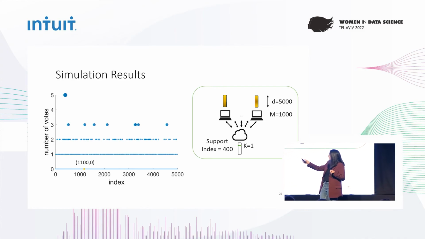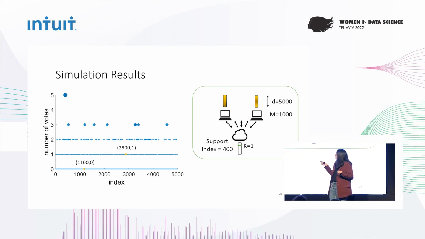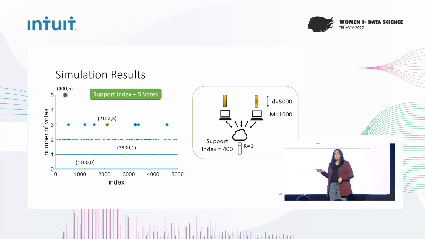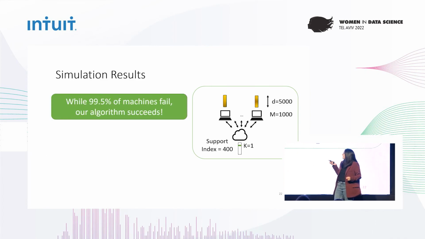For example, index 1100 got 0 votes, index 2900 got 1 vote, index 21,022 got 3 votes, and our support index 400 got 5 votes. On the one hand, it got more votes than everyone else, because every other index got at most 3 votes. But on the other hand, out of 1,000 machines, only 5 machines selected the correct index. So while 99.5% of the machines fail, our algorithm still succeeds.